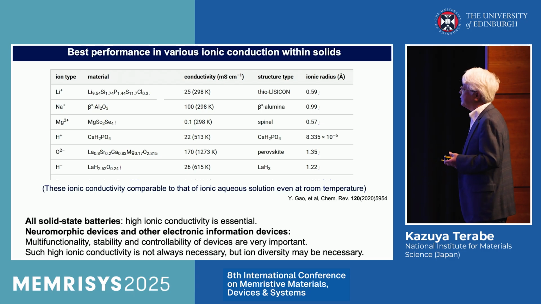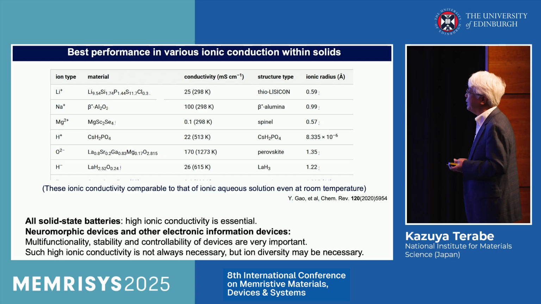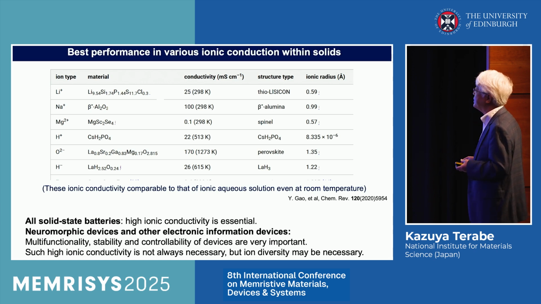As you know, the all-solid-state battery requires high ionic conductivity. This is essential. But for neuromorphic devices and other electronic information devices, multifunctionality, stability, and controllability of devices are very important.